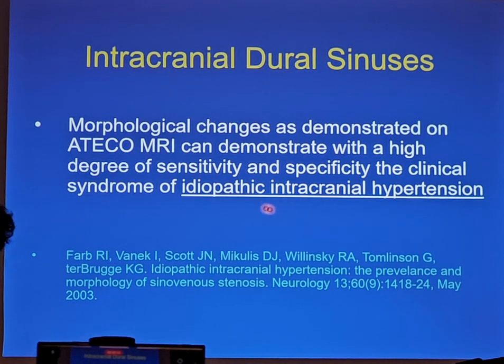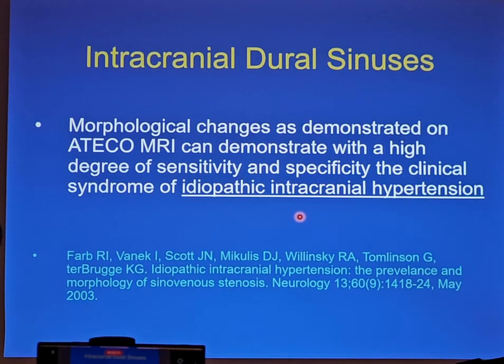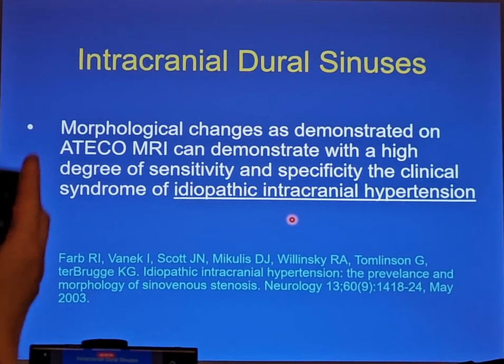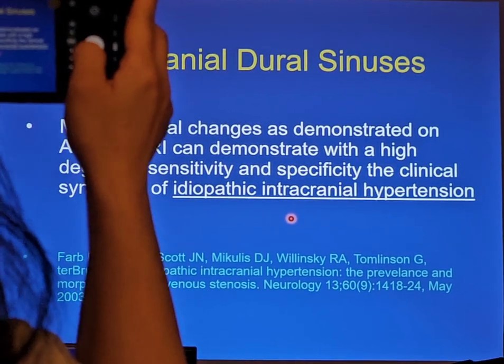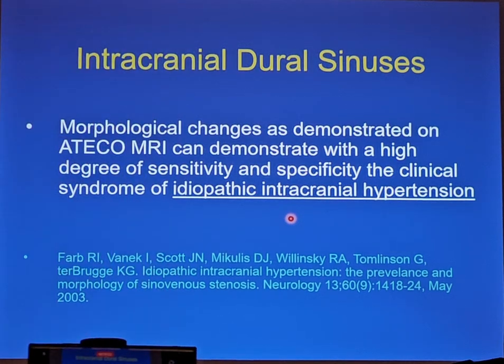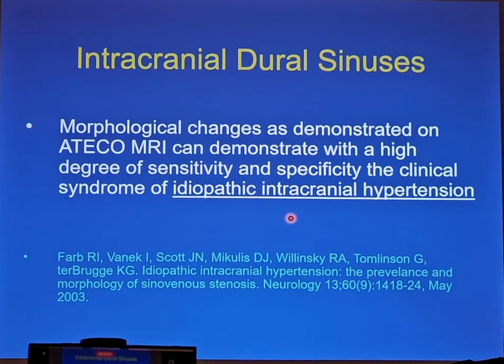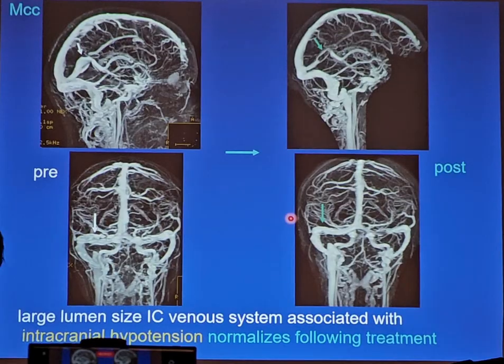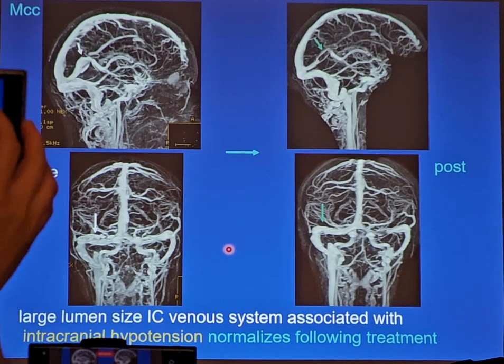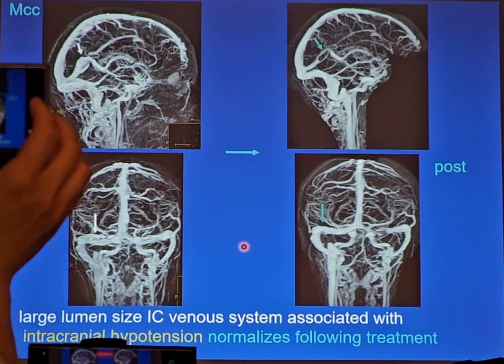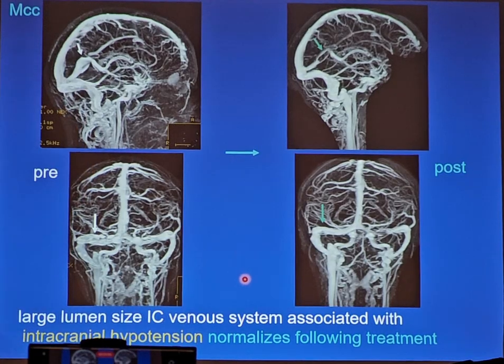So idiopathic intracranial hypertension, Richard described this very nicely, and there are additional signs that I'm not going to show because of lack of time, but the bottom line is contrast-enhanced MRV is a very nice way of making the diagnosis and following these patients in time.